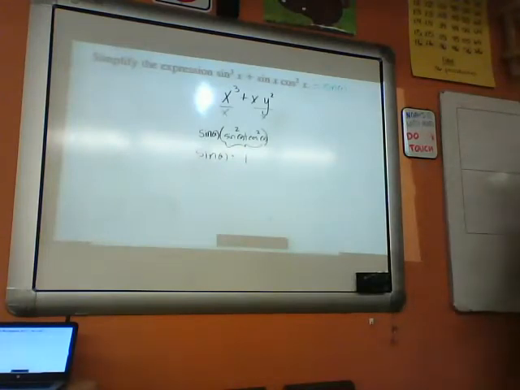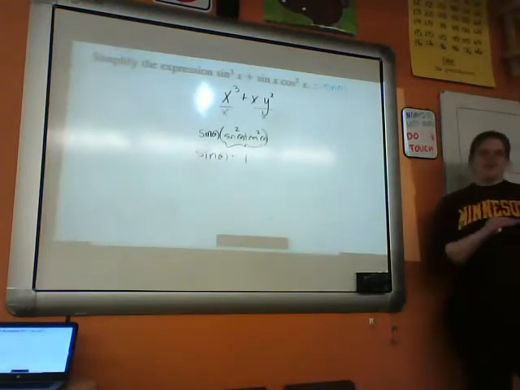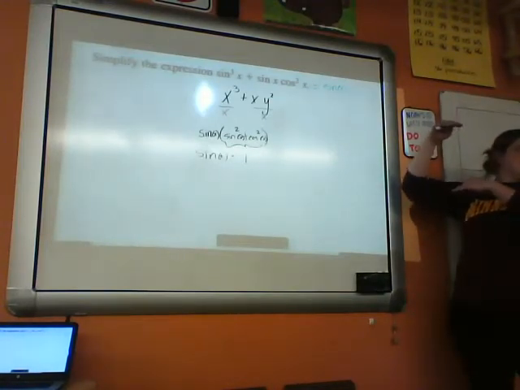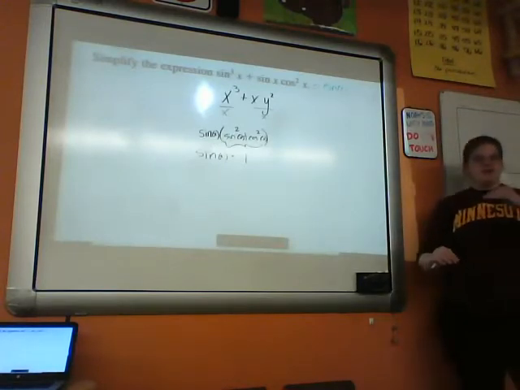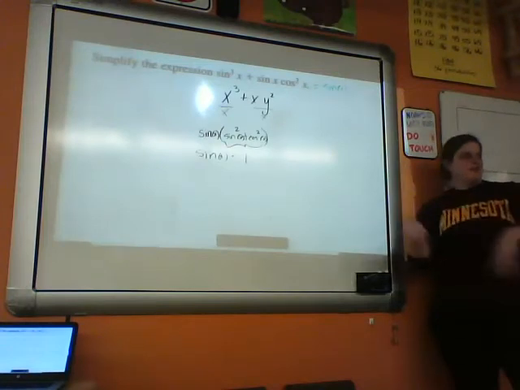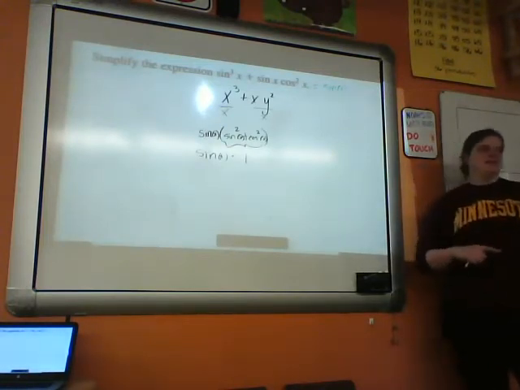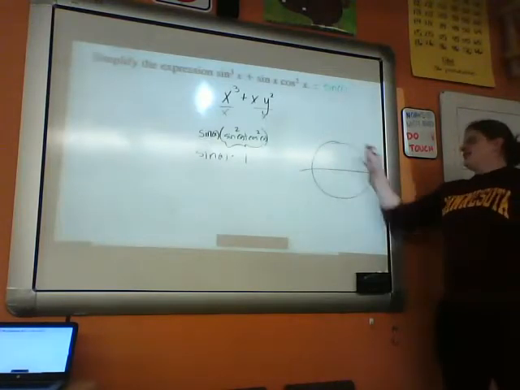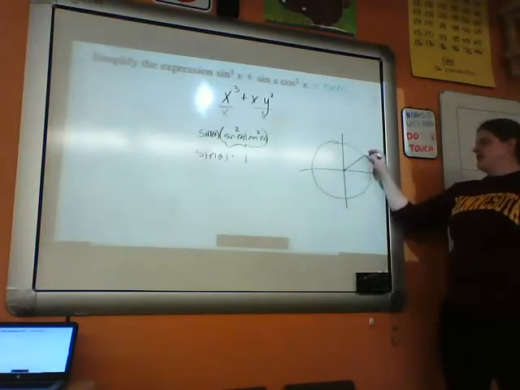You could actually prove it with the fact that sine is the height of the triangle, and cosine is the base of the triangle. And then you could say with the Pythagorean theorem that the base and the height squared plus each other equals the hypotenuse squared. Very exciting, because all of the unit circle triangles have a radius of 1.